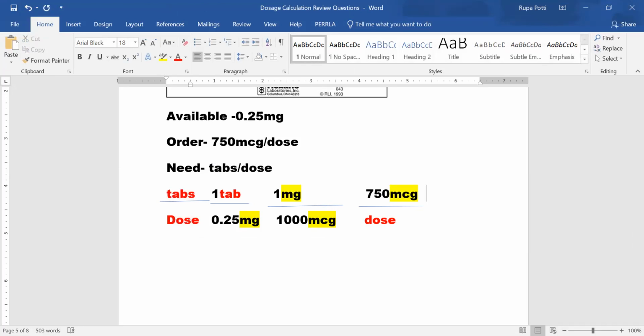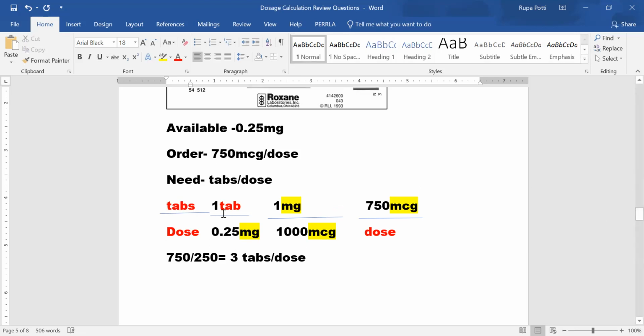Now you multiply everything in the numerator: 1 times 1 times 750 is 750. And in the denominator, 0.25 times 1000 is 250. So now you will get 3 tabs per dose.